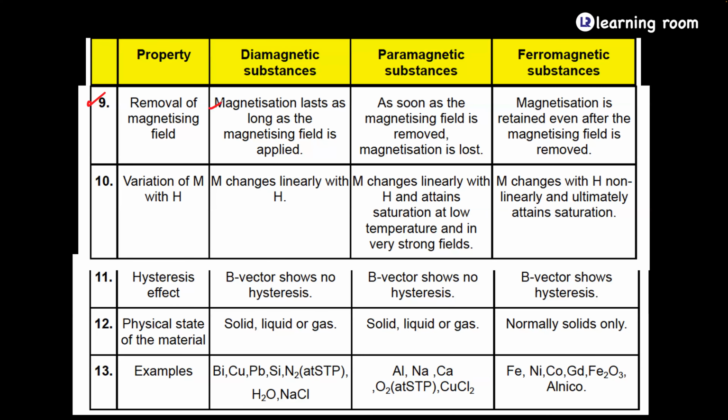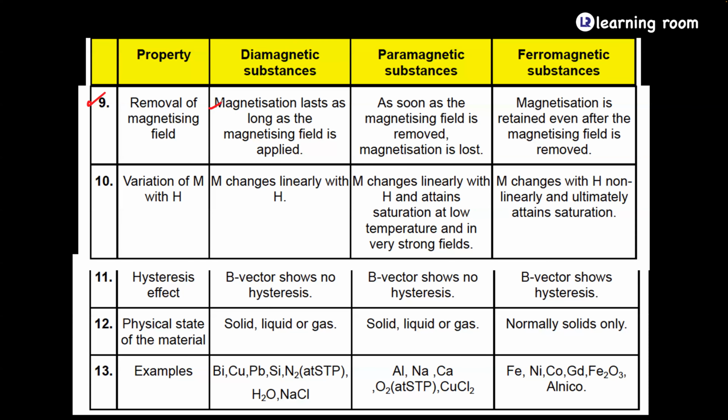Magnetization. What is magnetization? It is the output. So magnetization will last as long as the magnetizing field is applied. So this material is going to get magnetized, but in the reverse direction. What about a paramagnetic substance? It's the same thing. As soon as the magnetizing field is removed, magnetization is lost.